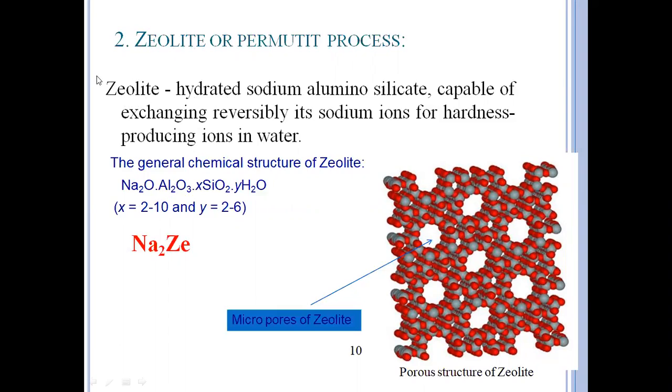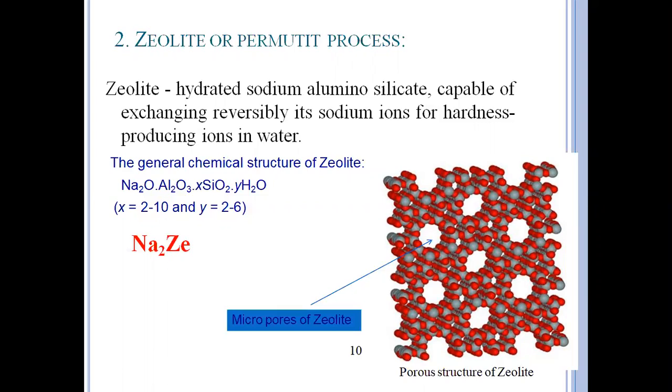Generally, zeolite is hydrated sodium aluminum silicate. It has the capability of exchanging reversibly its sodium ions for hardness producing ions in the water. All of you know which ions cause hardness, that is calcium and magnesium.